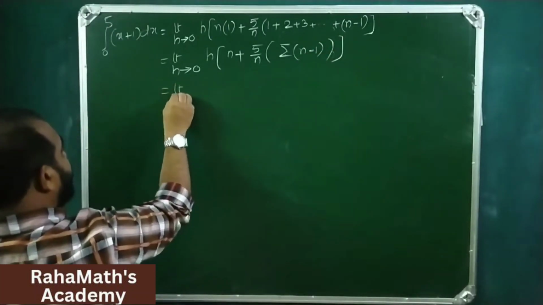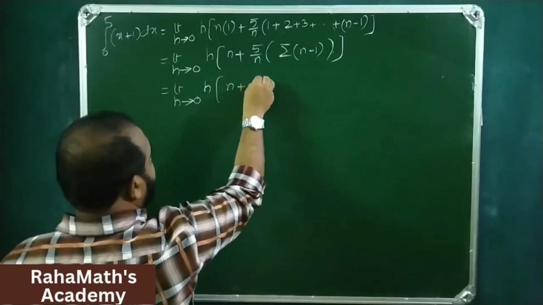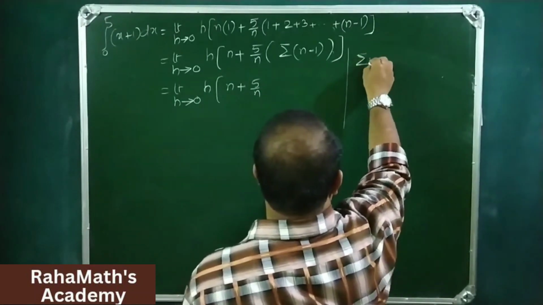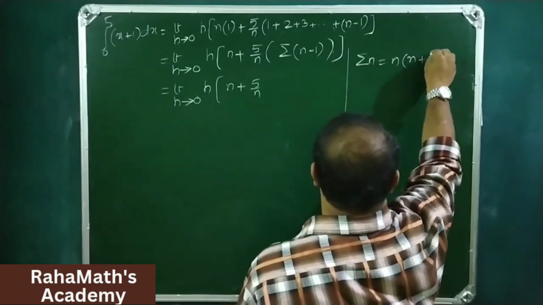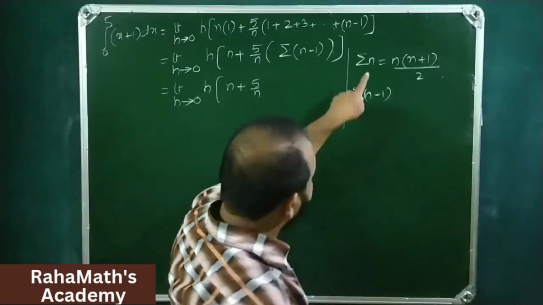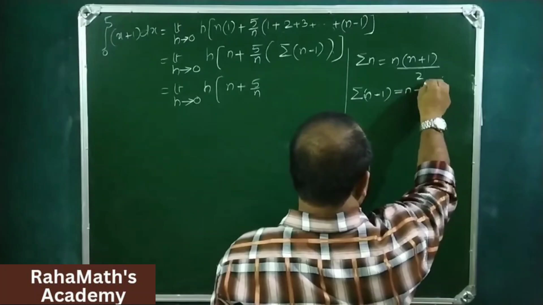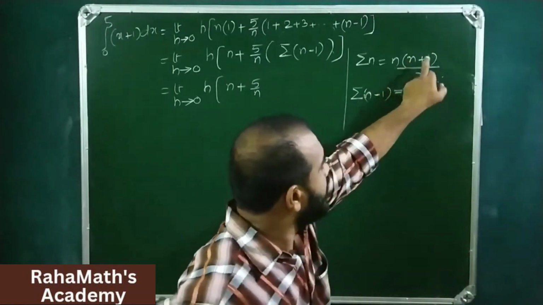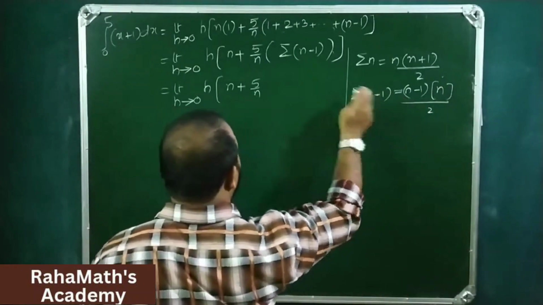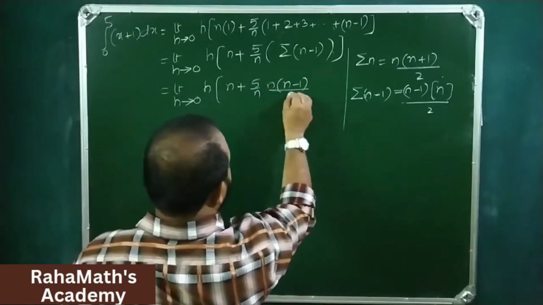Remember the formula: sum of n terms is equal to n into n plus 1 by 2. So if it is sigma n minus 1, then in the place of n, substitute n minus 1. So that is n minus 1 into n minus 1 plus 1, which is n, by 2. The same thing I am applying here. Sigma n minus 1 is n into n minus 1 by 2.